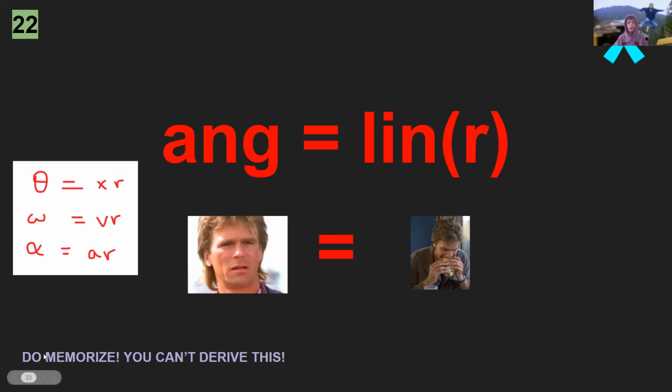In that picture, it looks like he's eating something. Let's just say he's eating his dinner. So ang equals dinner. That might be useful to remember. Ang equals dinner. Just remember that picture of some man on a show that you may or may not know, but he's eating dinner.